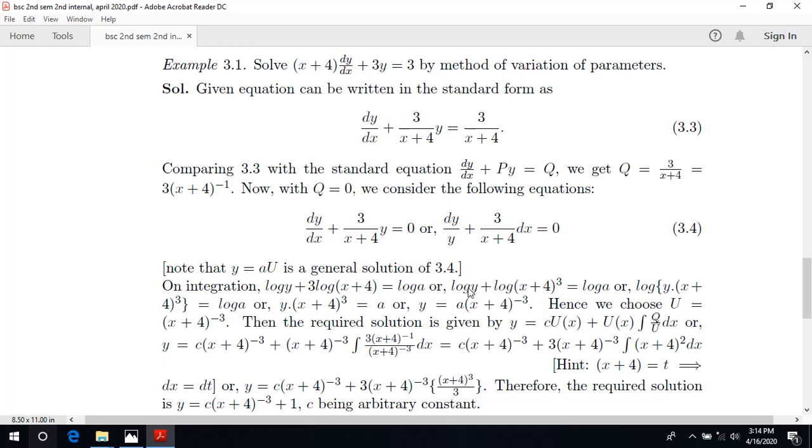Again applying the property of log, we get log of y into (x plus 4) whole raised to the power 3, and this term. Now cancelling the log on both sides, we get this expression, or y equal to this.